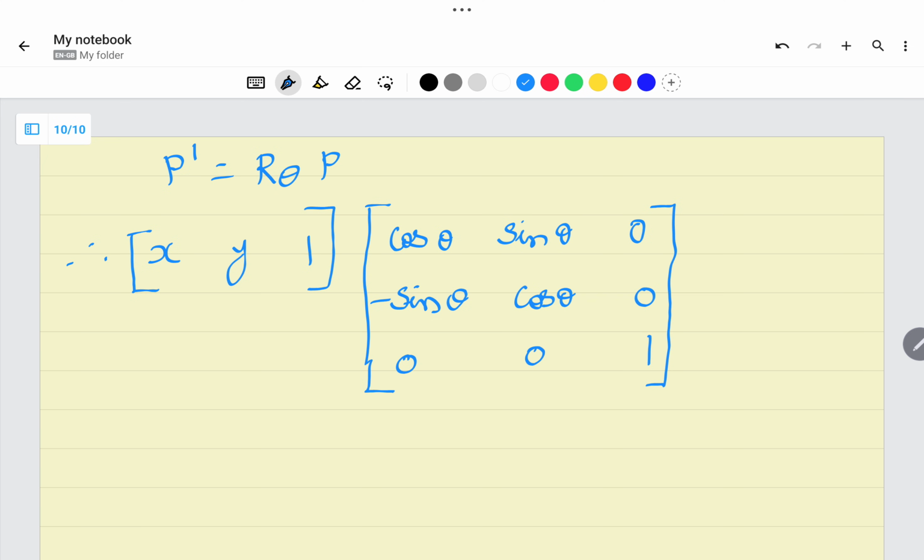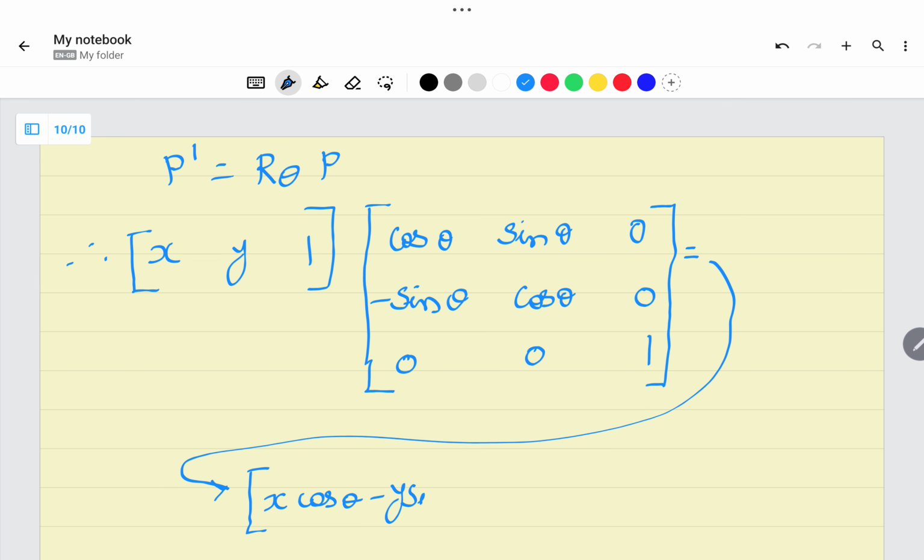Multiply these two, so we will get the result as x cos theta minus y sin theta, then x sin theta plus y cos theta, and 1.